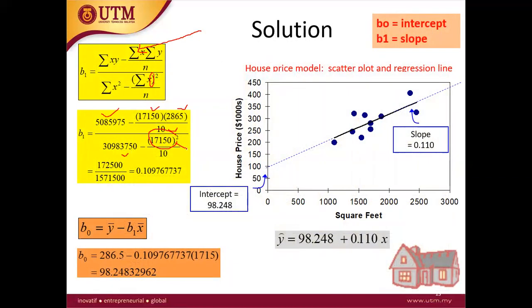So be careful here, because the bracket is for the sum of X. This one, no bracket, is the sum of X squared. Divide by 10, so you get 0.109 for the slope value here.